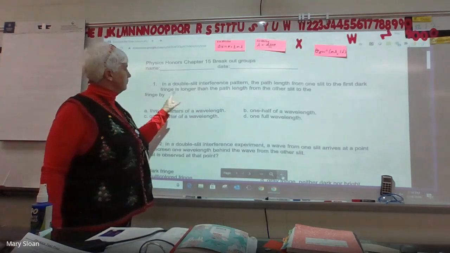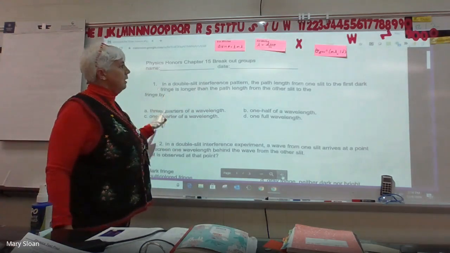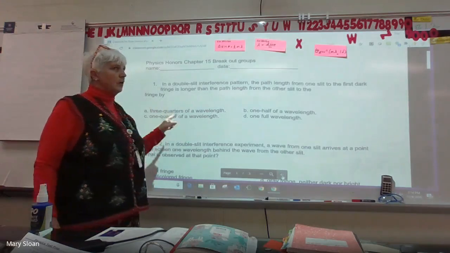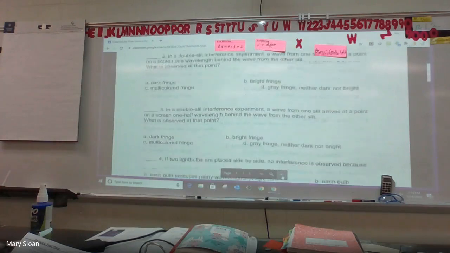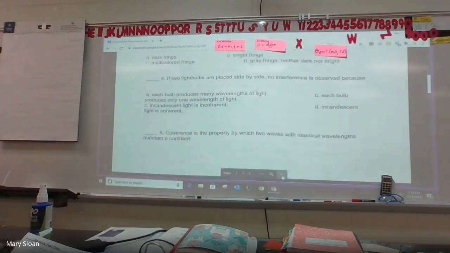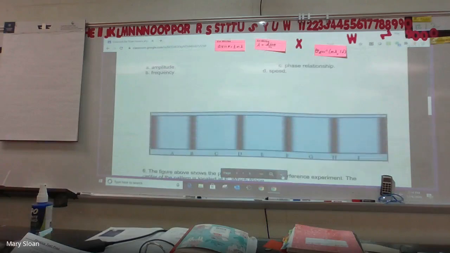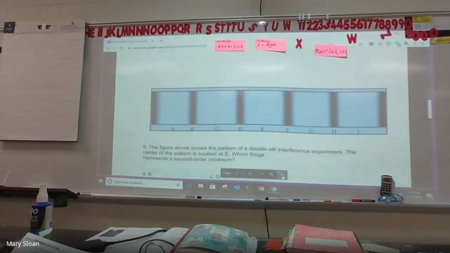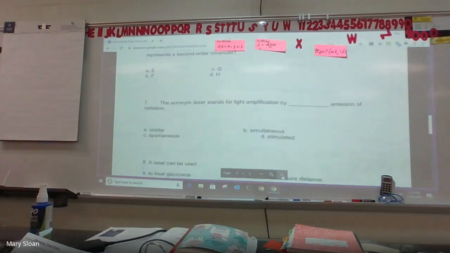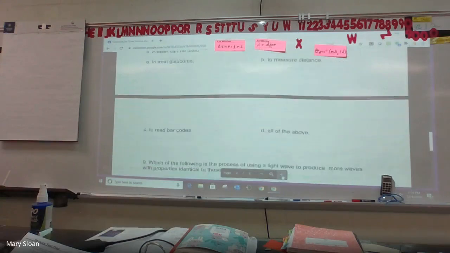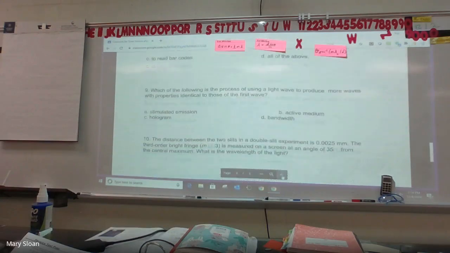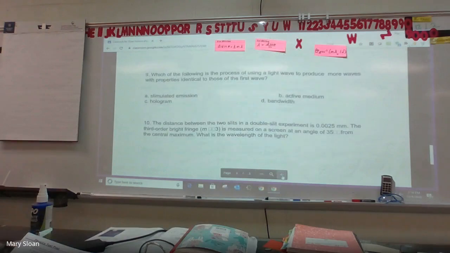You'll notice this first question is something that we did for question of the day. Then you go down to 2, 3, 4, 5, and then 6, of course, we have a figure that we're going to talk about. 7, 8, and then 9, and then 10 is our math problem.